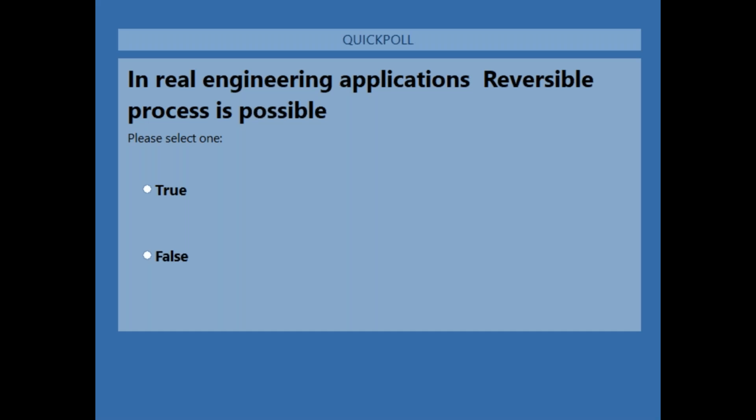The answer is that a reversible process is an imaginary process, and because it is imaginary, you cannot find any such process in real life. No process in real life is reversible. So no process in real engineering life is reversible. Please understand this.